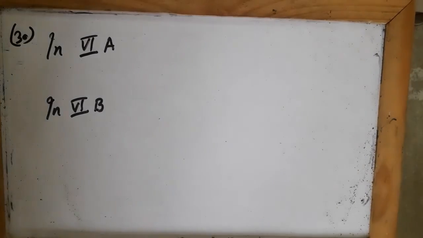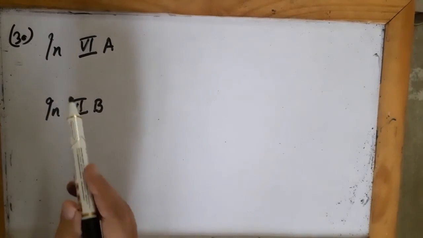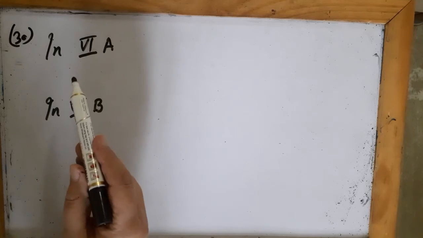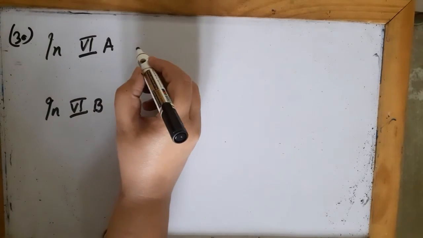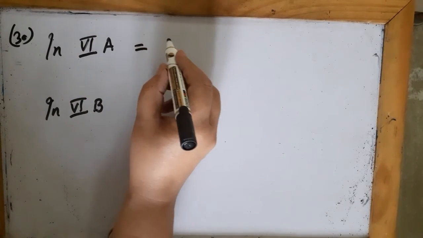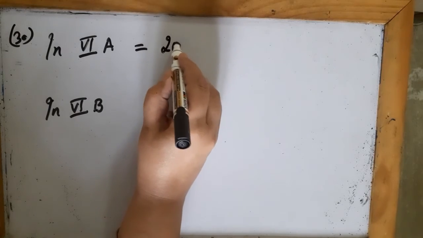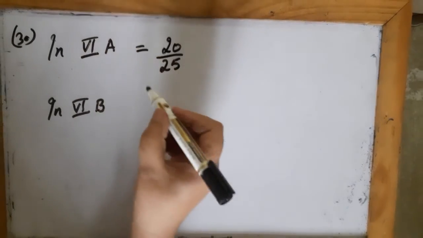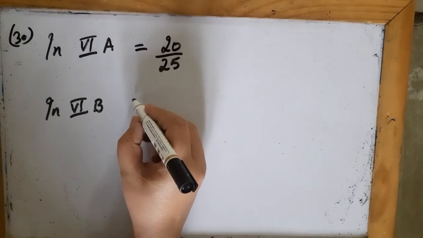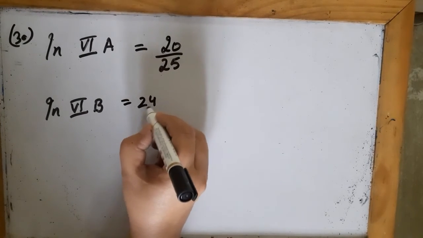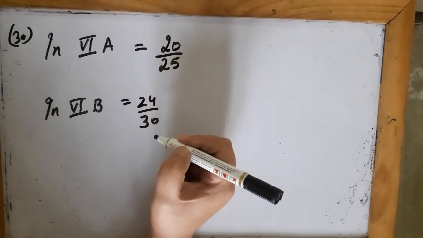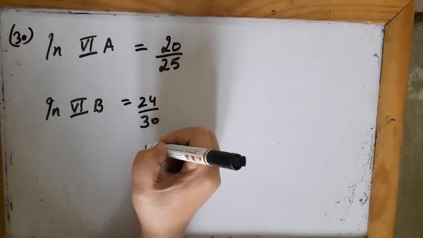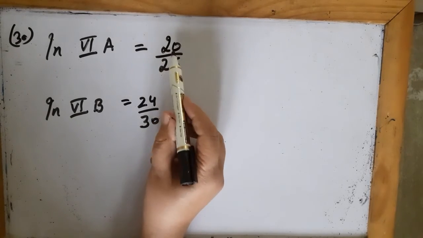And for the 30th question, they are saying in a school 20 students out of 25 passed in 6th A, so I'll convert this into a fraction, while 24 out of 30 students passed in 6th B. So which section gave better results?